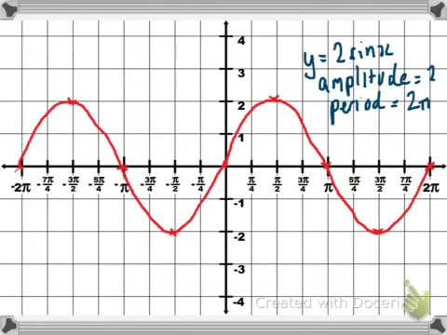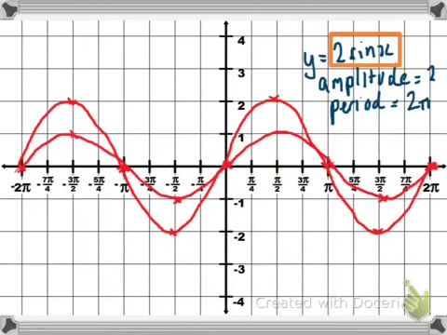Now, if we look at 2 sine x, the graph changes slightly. If we get the graph of y equals 2 sine x, so the coefficient of 2 out the front of sine x there, if we compare that with our previous graph, if I just put that on top of the graph that we've got now, like so, you can see that there's been a dilation here.